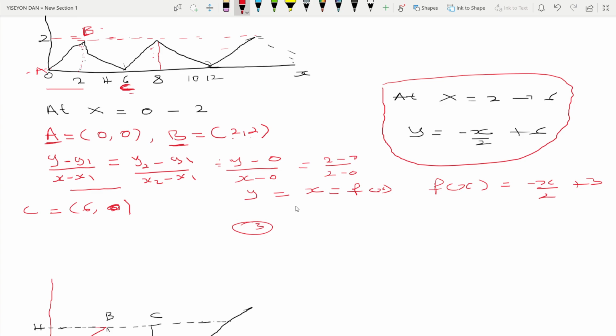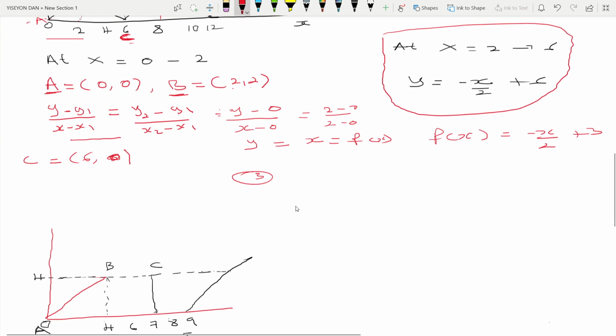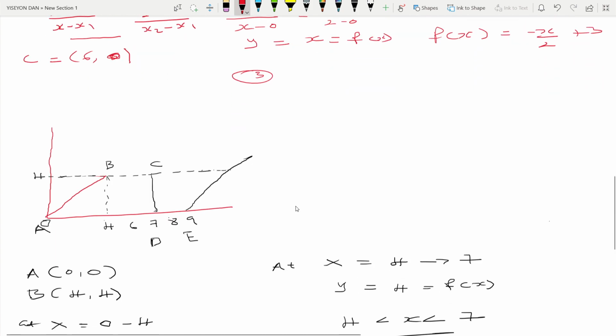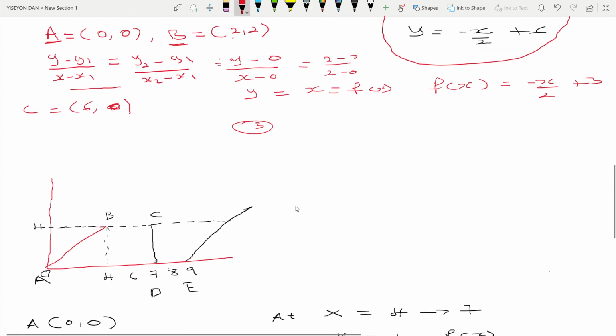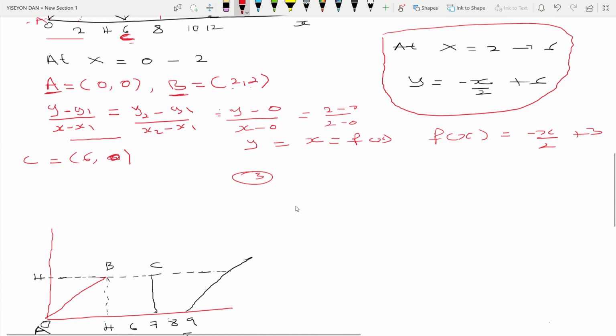All right, so the third one which we'll be considering, we have a line again, and we have point A, point B, point C, point D, and point E. Now point A is the origin, which is 0, 0.